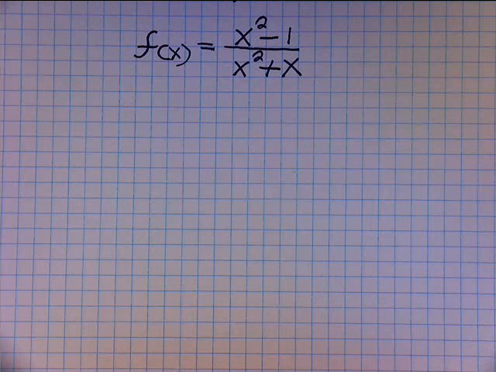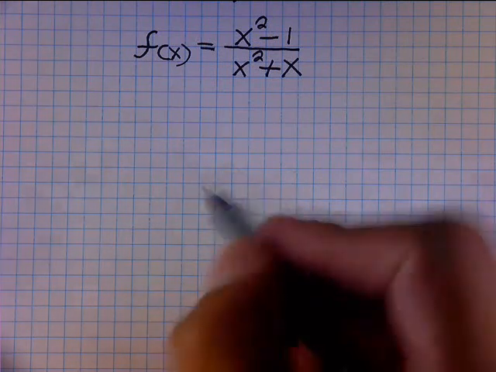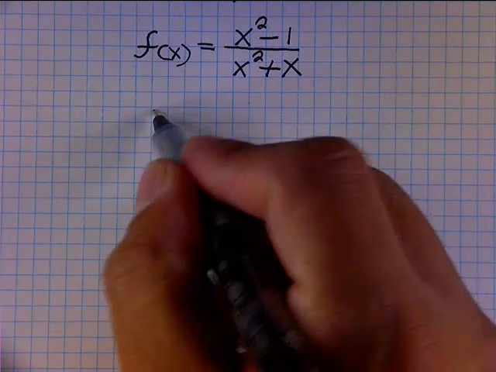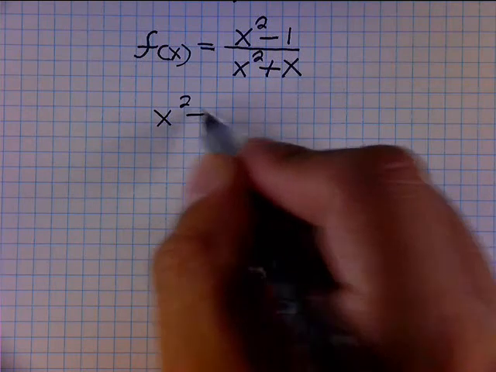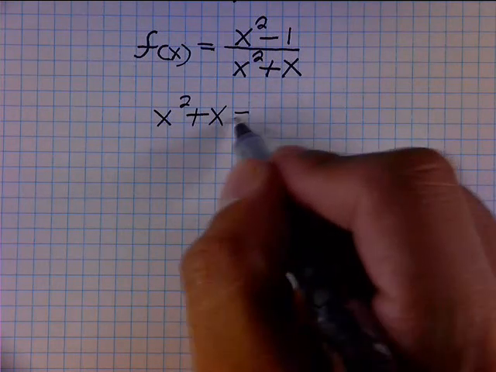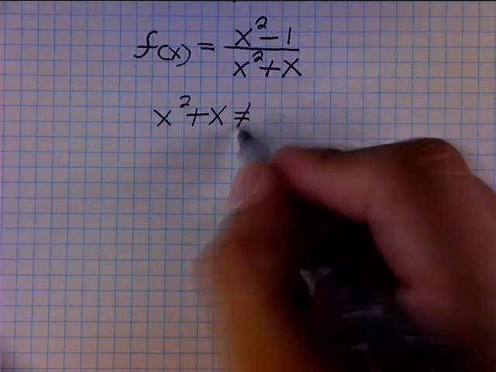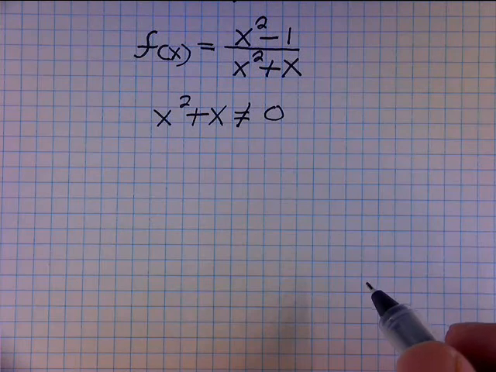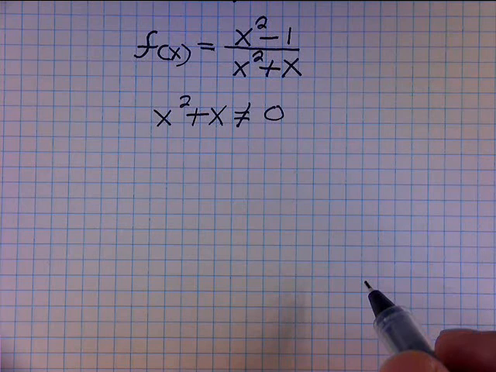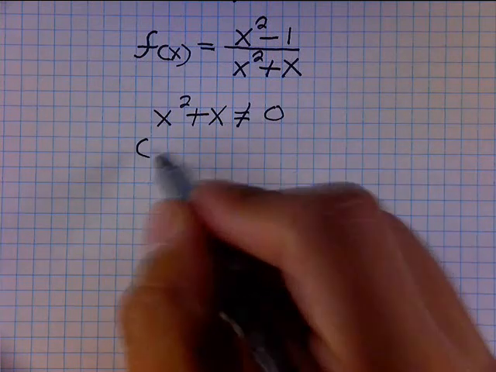One thing we have to be cautious about when we look for vertical asymptotes is to make sure that the 0 in the denominator does not cause a 0 in the numerator. For instance, if I was to look at the denominator, x squared plus x, and I was to analyze my domain by saying that that cannot equal 0. Well, in this instance, I'm going to have to factor to solve for the x values.